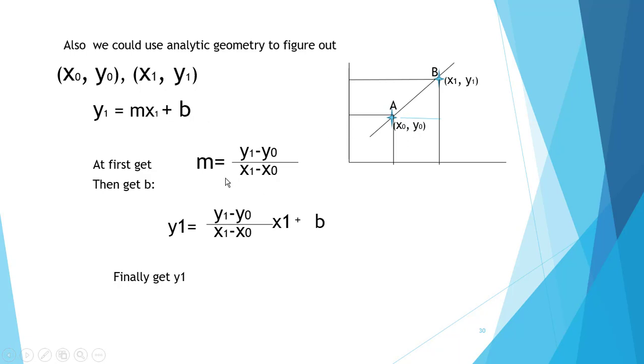First we get the slope m, which equals y1 minus y0 divided by x1 minus x0.